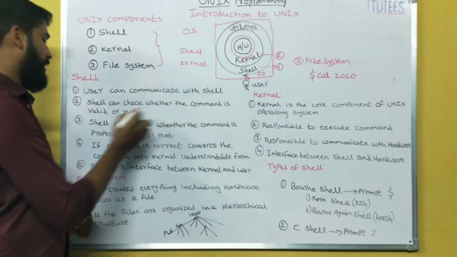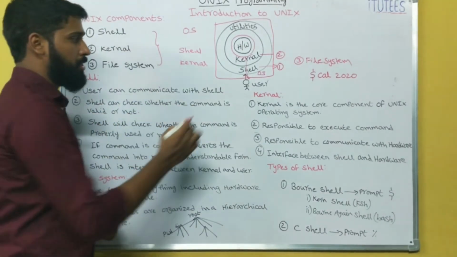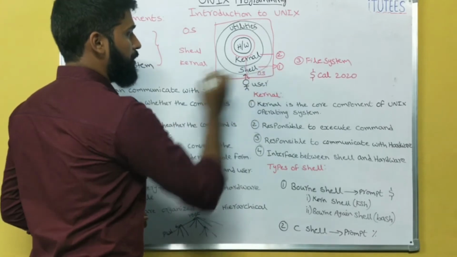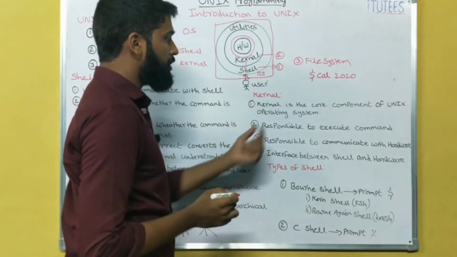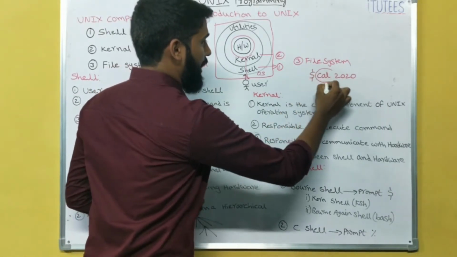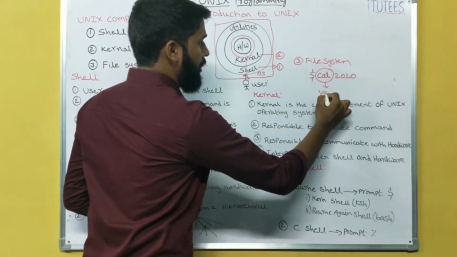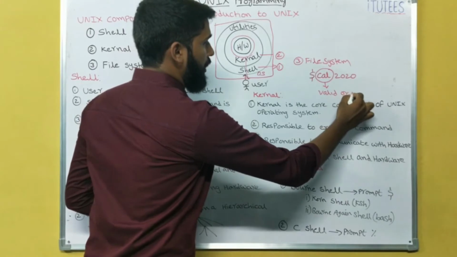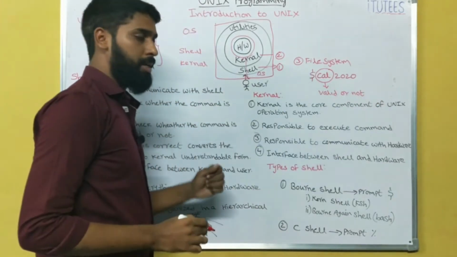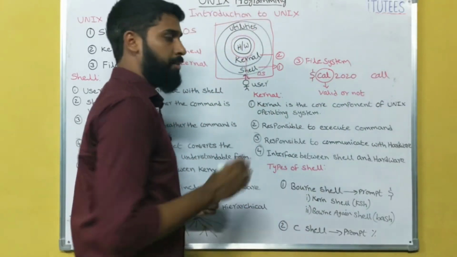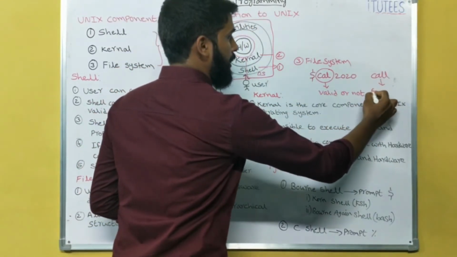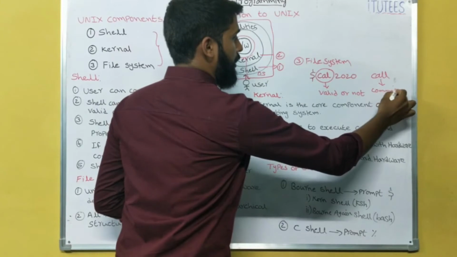What is the responsibility of the shell? The shell checks whether the cal command is valid or not. If I give a wrong command, it returns an error, command not valid.